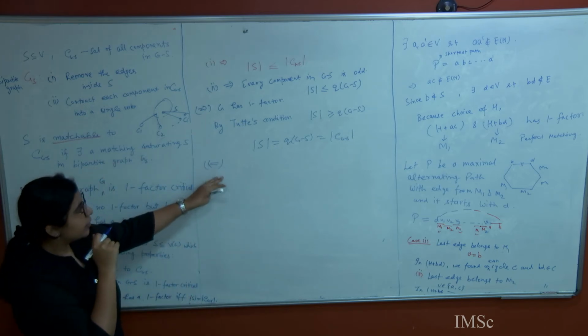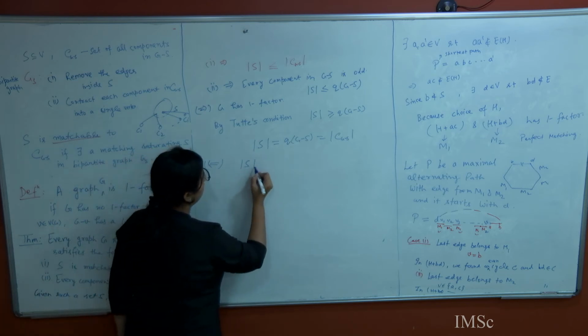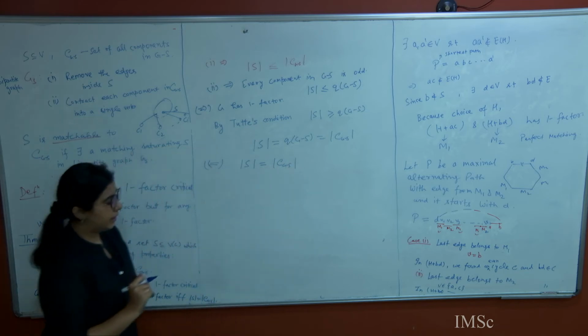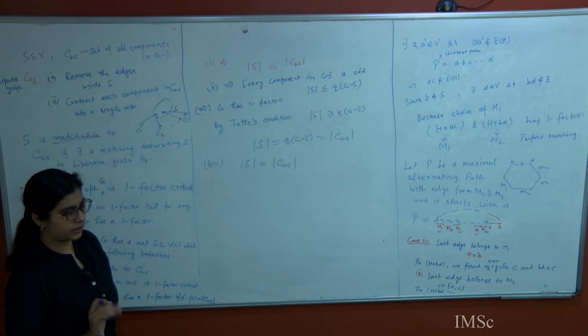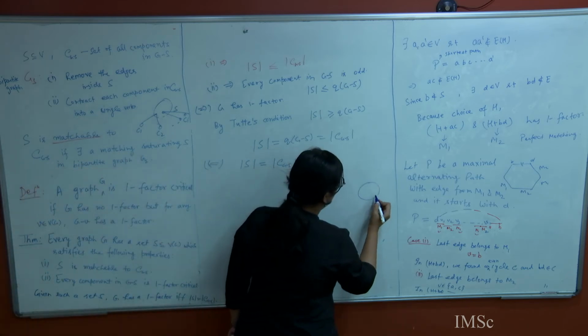Okay. So, what about the reverse direction? For the reverse direction, what we have is that the cardinality of S is equal to the cardinality of C(G minus S), and we want to show that G has a one-factor.